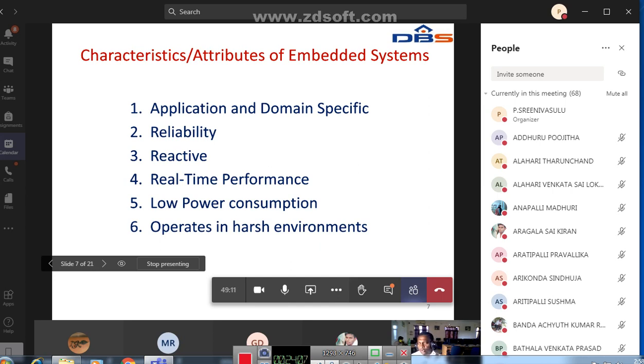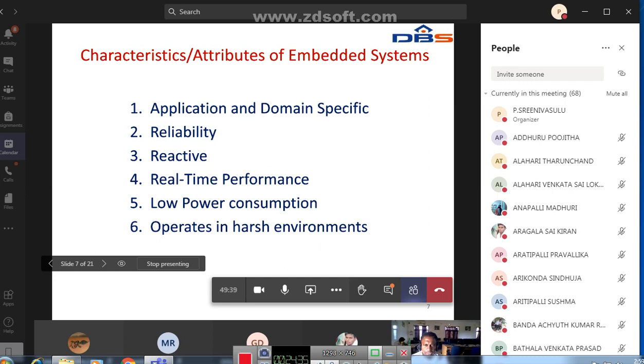An example I will give you: in the communication domain, we design a particular embedded system to read the ports of a system, or to read the ports of a particular node. We can read that node using some software program. So that is what is application and domain specific.